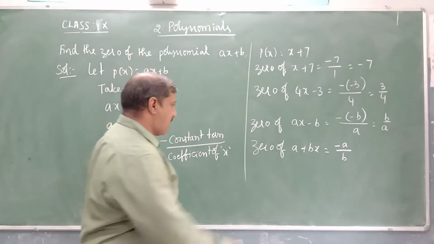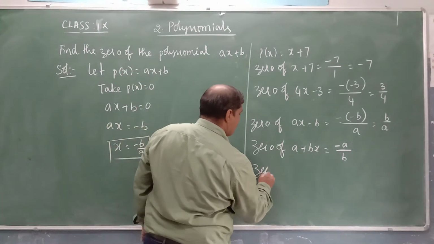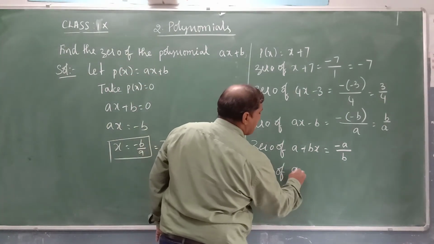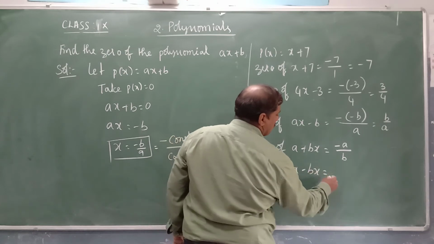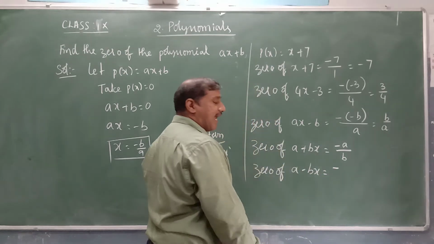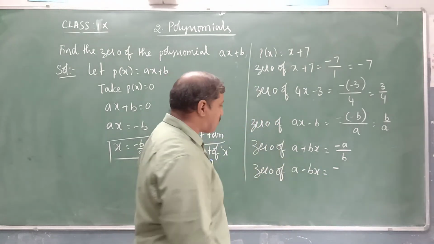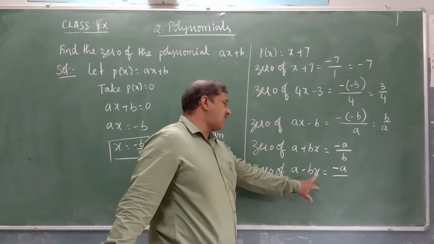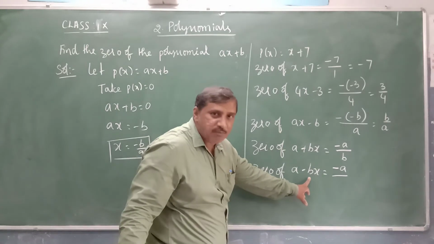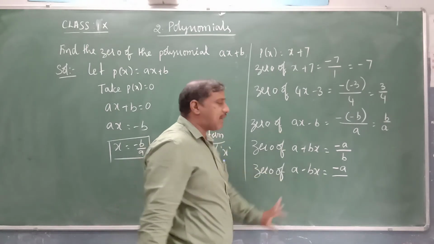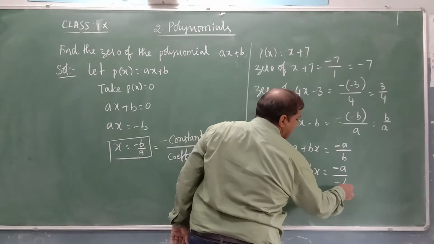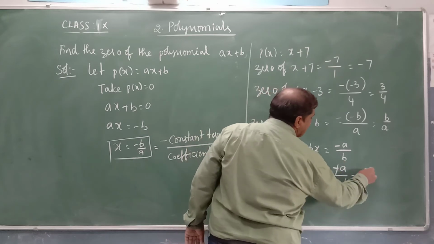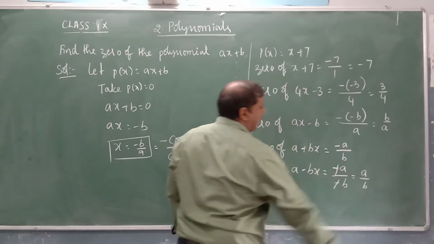Clear children? Now zero of a minus bx is equal to minus a divided by coefficient of x, which is minus b. Coefficient of x is minus b. So minus and minus are cancelled, you get a by b.